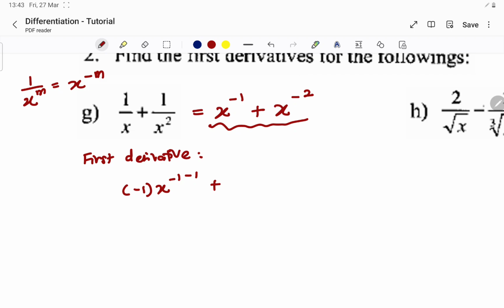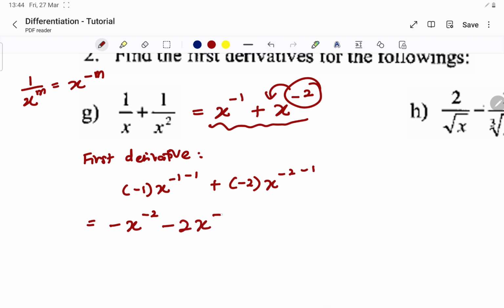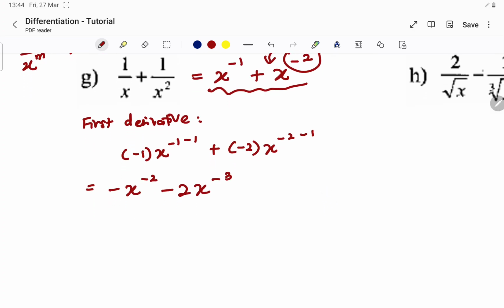Plus negative 2 you bring in front, then you copy x to the power of negative 2 minus 1. Then you solve this: negative x, then negative 1 minus 1 becomes negative 2, plus minus 2, so you change to minus 2, x to the power of negative 2 minus 1 becomes negative 3. So this is your answer.